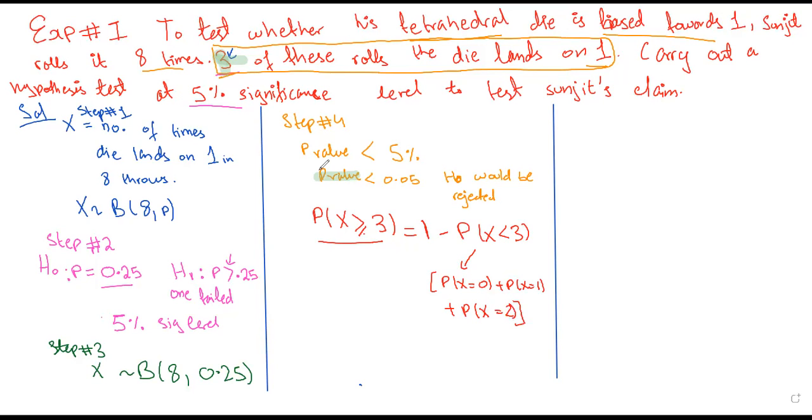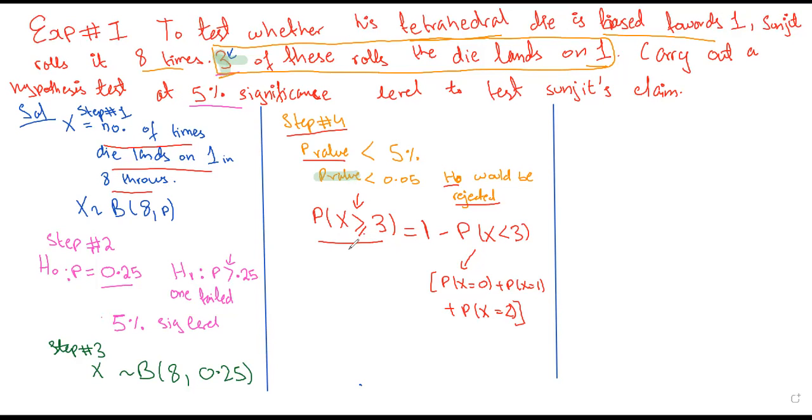Okay, now till step 4, we know that if p value is less than 5%, H naught would be rejected. But what is this p value? We did not know about this before. But now I just told you that this is basically the p value, the p value for X greater than or equal to 3. And what is 3? The number of times the die lands on 1 in 8 throws. Okay, so if this number of times is 3 or more, this is the probability of getting a number of times more than 3.